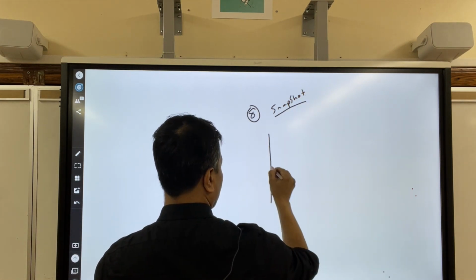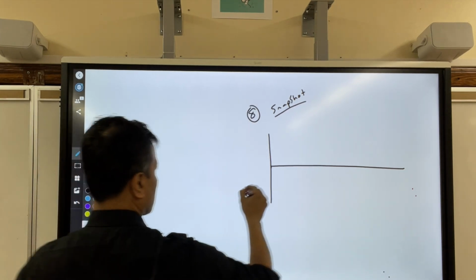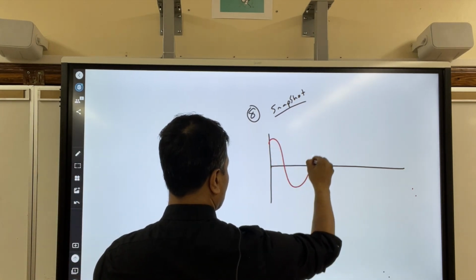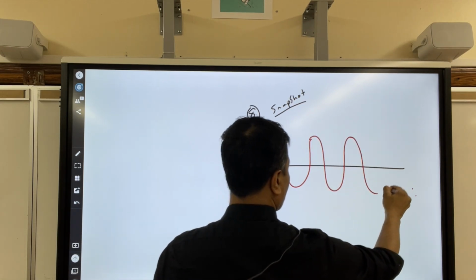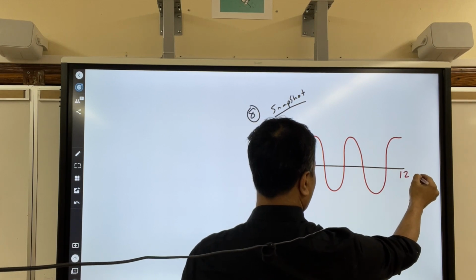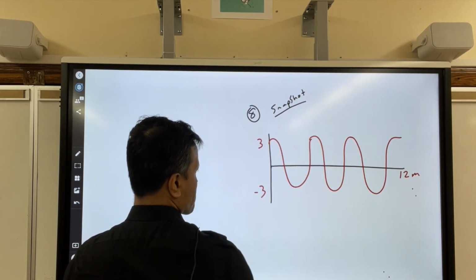I have a cosine graph, 1, 2, 3 cycles, 12 meter, let's say 3, -3.